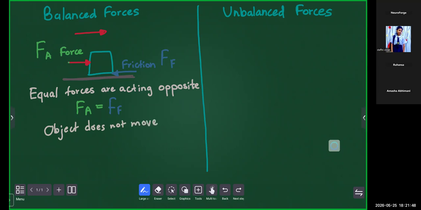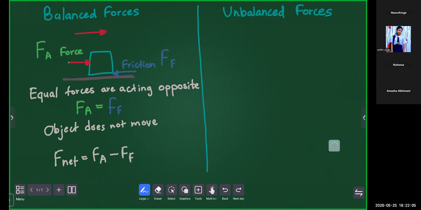But let's take the net force. Net force means F net. F net means FA minus F friction.